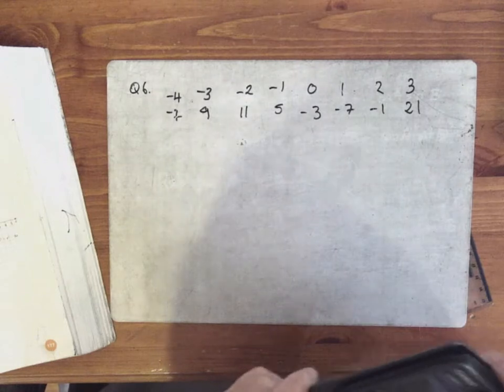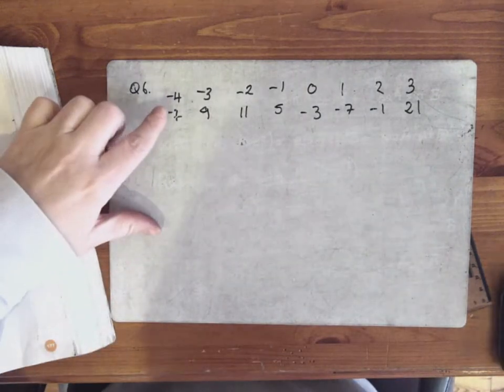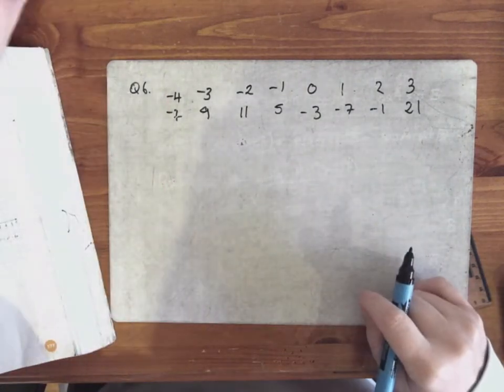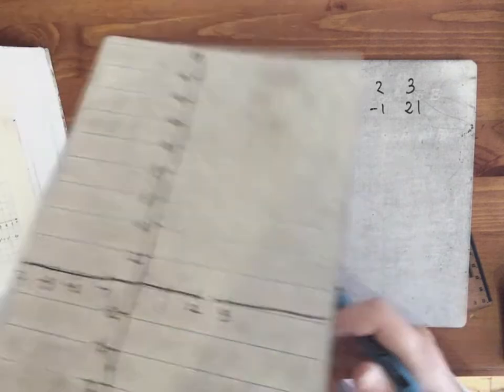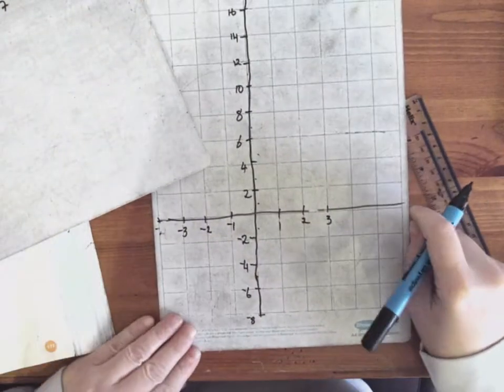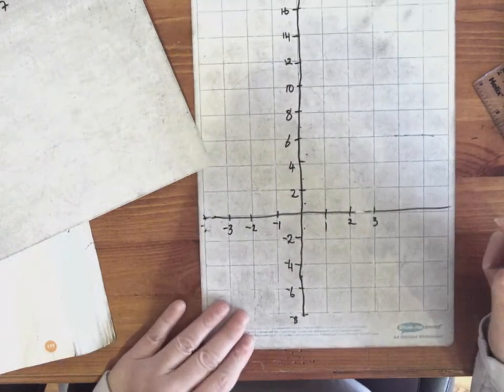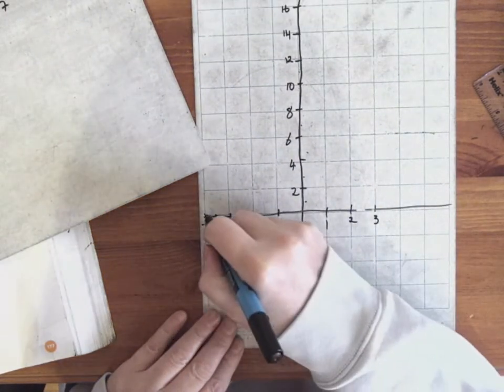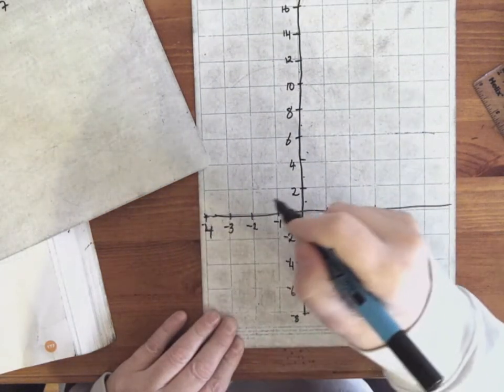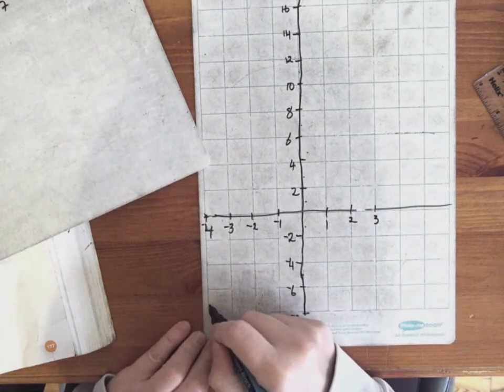So then you graph these. These are your points. So the first thing is -4 down to -7, which would be here.